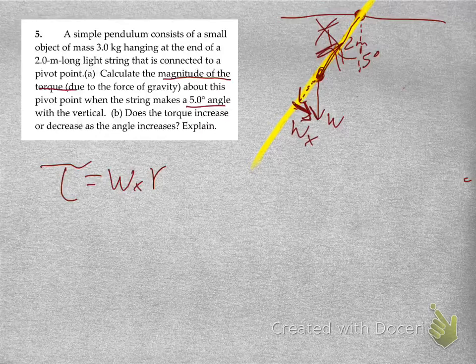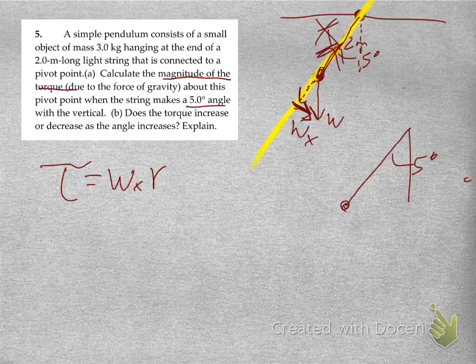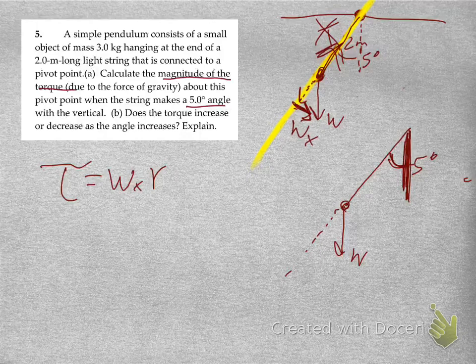Well, if this is our string and this is our obviously over-exaggerated 5-degree angle, and I have my weight here and I continue with this line, if this angle is 5 degrees from this vertical line, then my weight is vertical, which means this angle here would also be 5 degrees, meaning that this X component is opposite of the angle, which means it's sine.